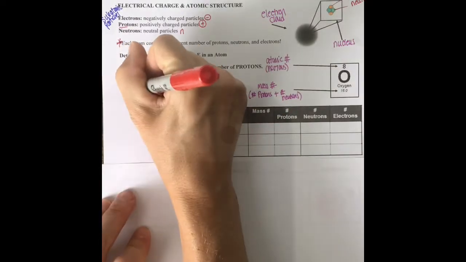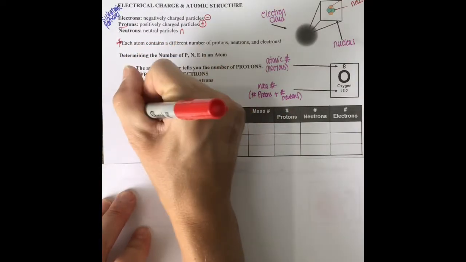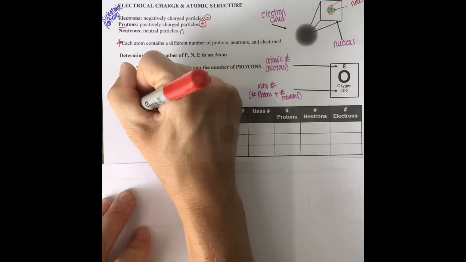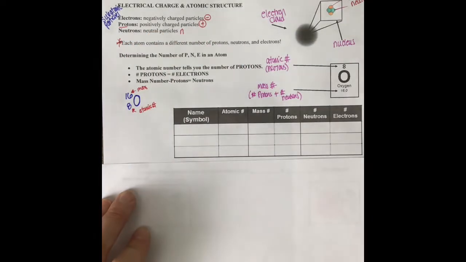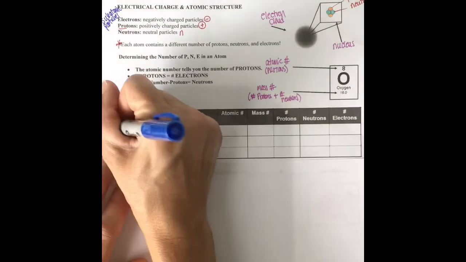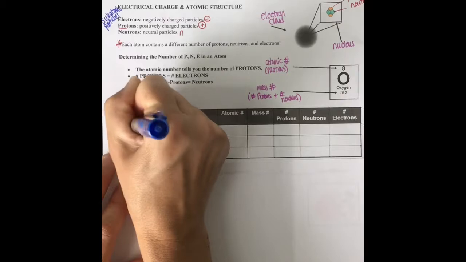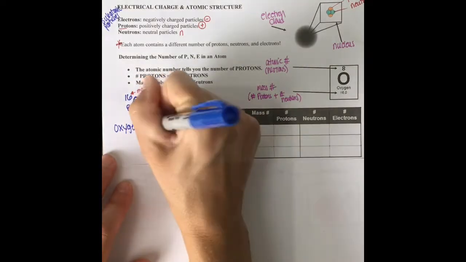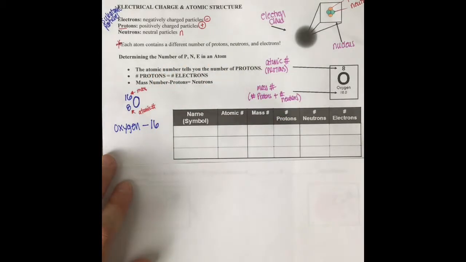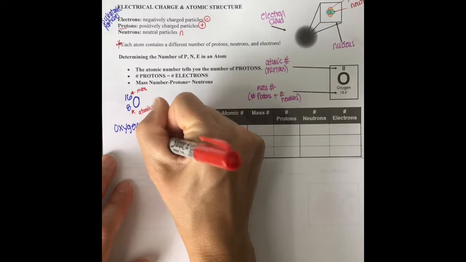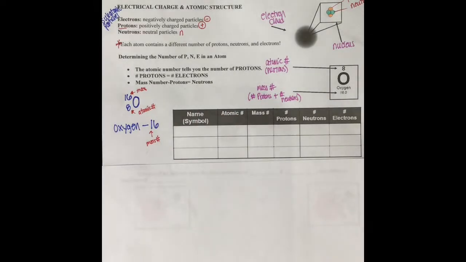And you can even make a little note that this is the mass and this is the atomic number. Okay. And lastly, you may see the whole name of the element written out, hyphen the mass. So those are just some shorthand ways that you can see the same thing written.